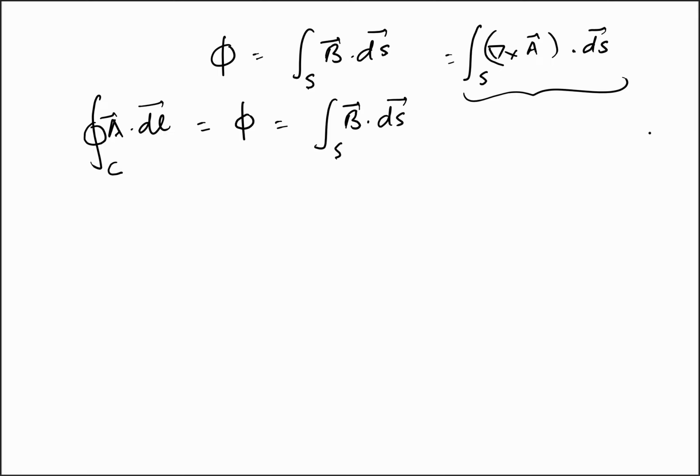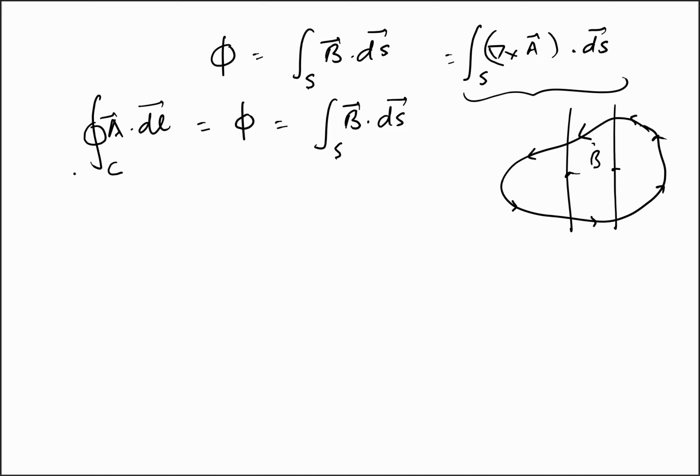So if this is a surface area and some magnetic field is there, then the flux of this magnetic field through this surface area can be simply calculated if I know this line integral.